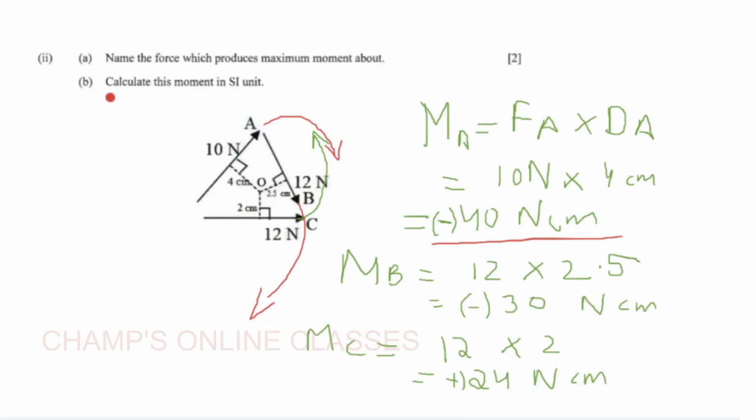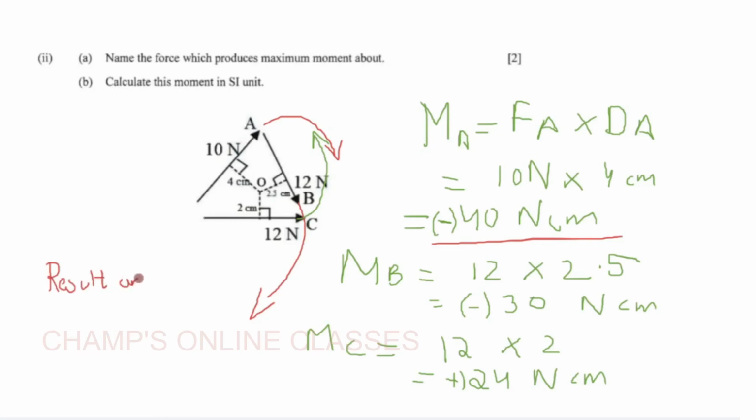The next question B is: calculate this moment in SI unit. So they're asking you to convert it into SI unit. Let's first find the final, or you can say resultant moment. So resultant is add all of them.